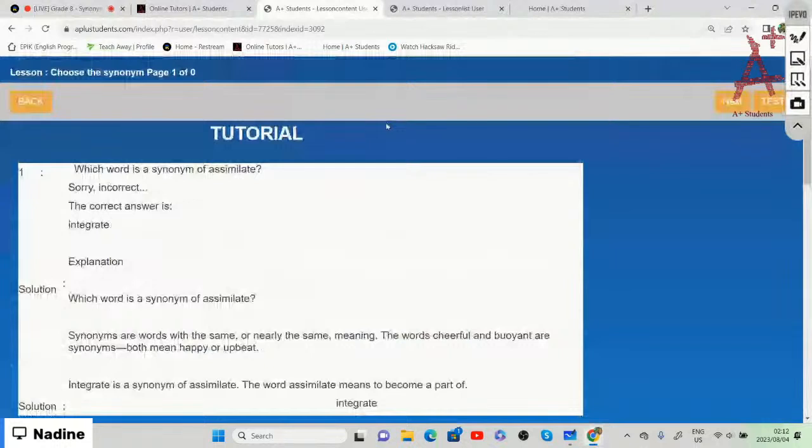So if we were to find a word that is similar to assimilate, then we would say it is integrate. So integrate is the synonym of assimilate, and we said that assimilate means to be part of.